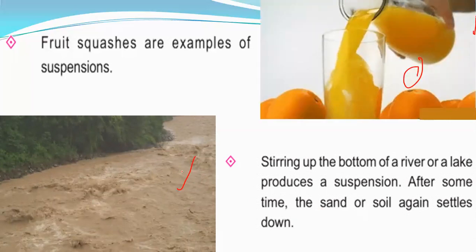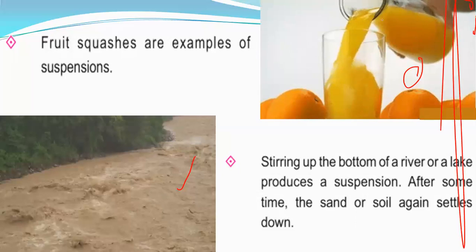While stirring up, during floods, and while the river is flowing, it appears like a solution. But what happens when it is stagnant? After some time, sand and soil settle again at the bottom.